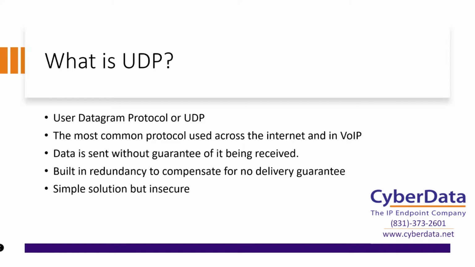This has been the standard for SIP transport protocols since SIP was started in the late 90s. It was the basic way to be able to send data because of the way that it was built. It was one of the first ways to actually send the traffic. It's a very, very basic way to send the traffic.